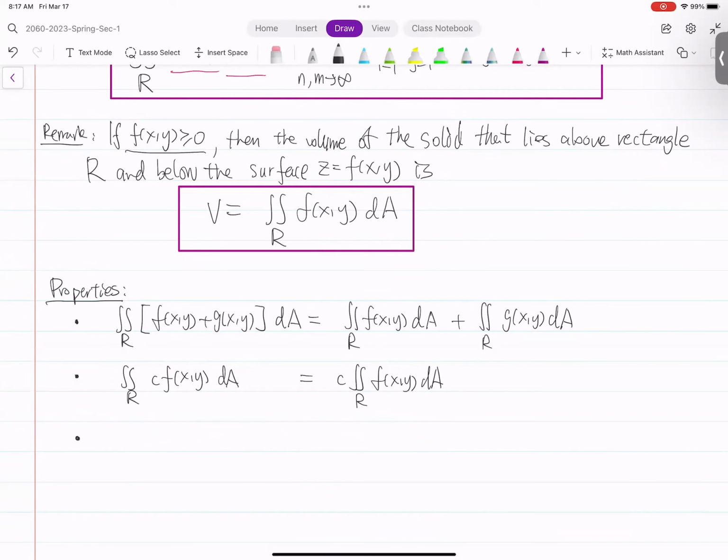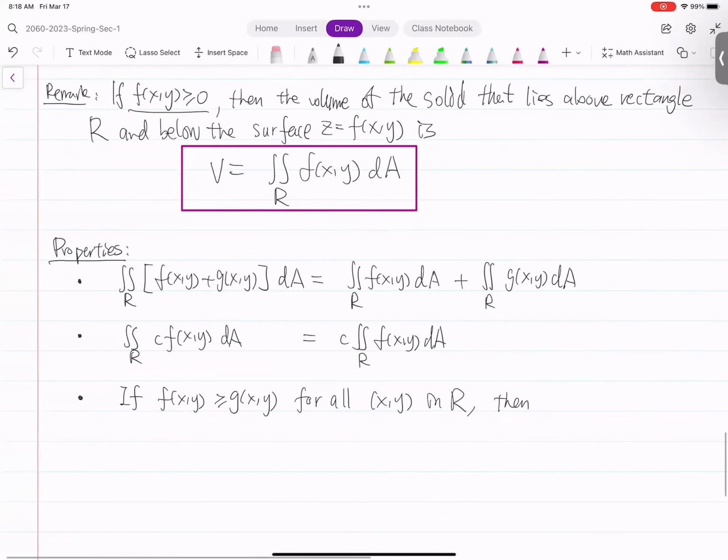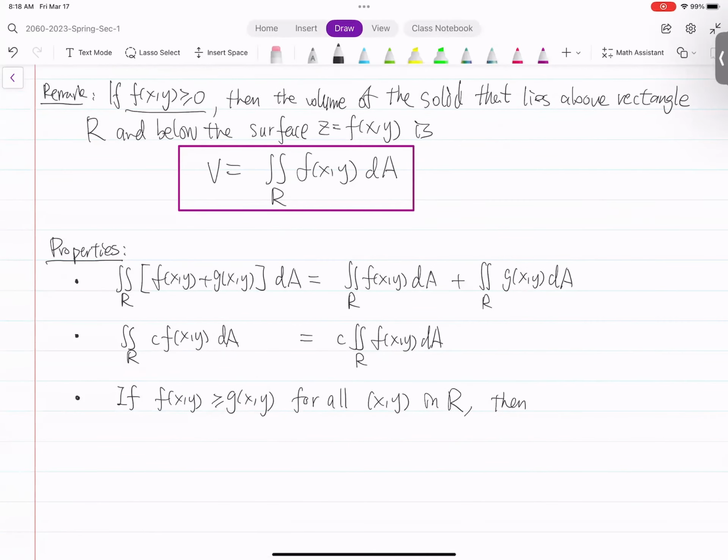And if you know that one of the functions is lower bounded by the other for all points within the rectangle, then the integral is also going to be lower bounded.